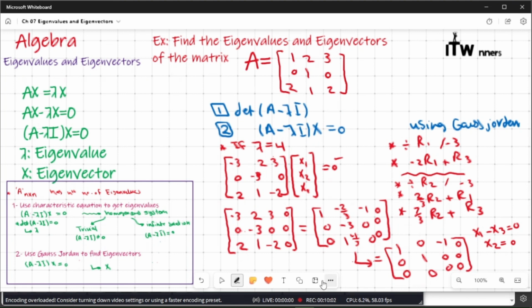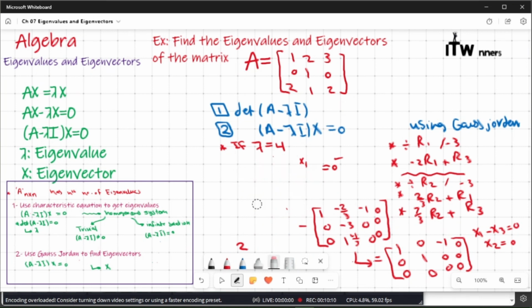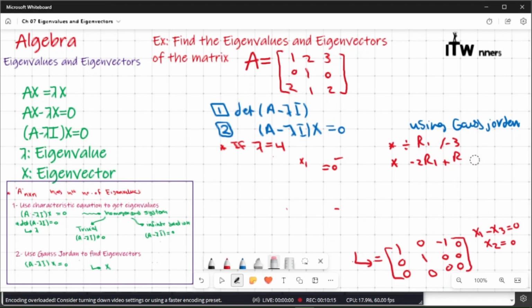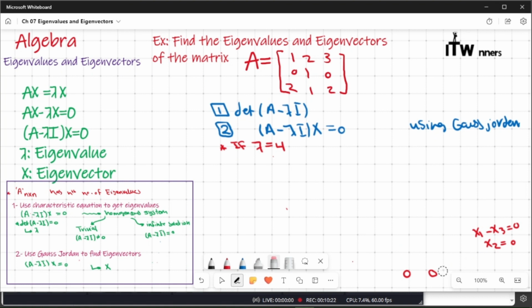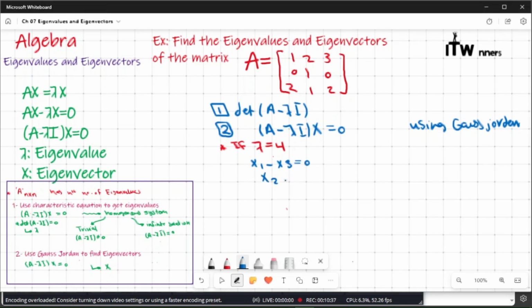So for lambda equal to 4, we have x1 minus x3 equal to 0, and x2 equal to 0.